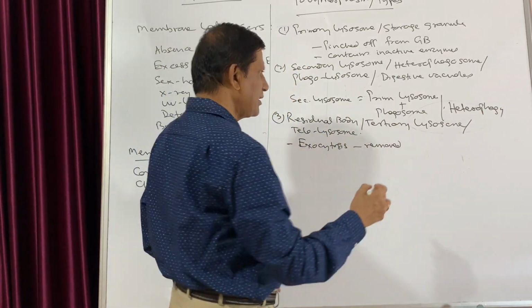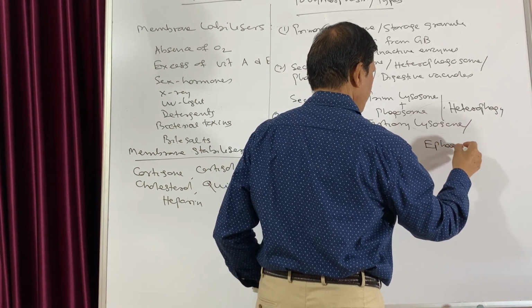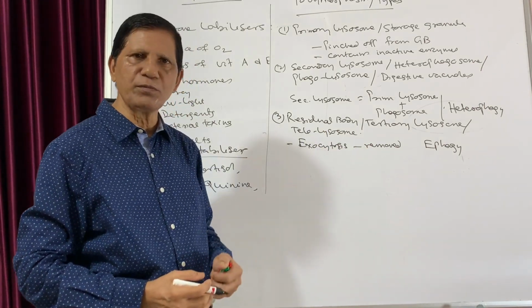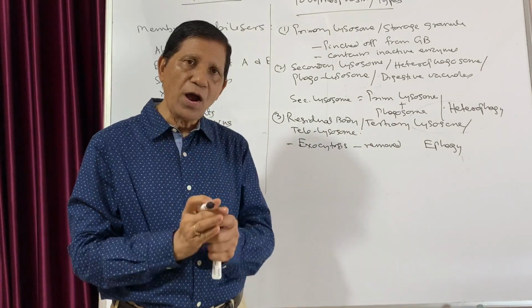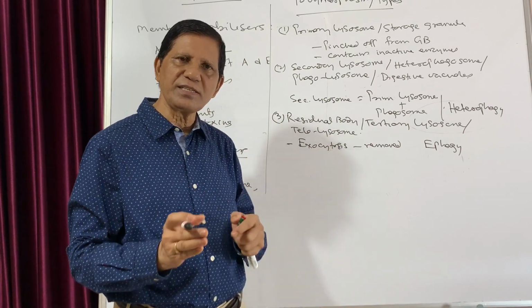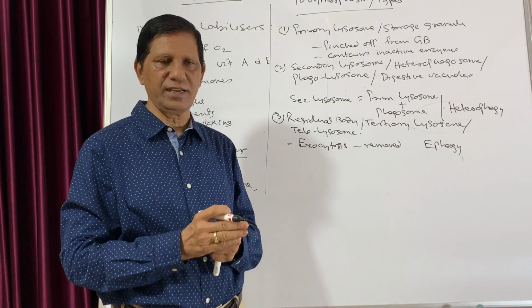This process is also known as ephagy. But somehow, if exocytosis cannot take place, the undigested substance cannot be removed from the cell. That means it will be stored inside the cell.